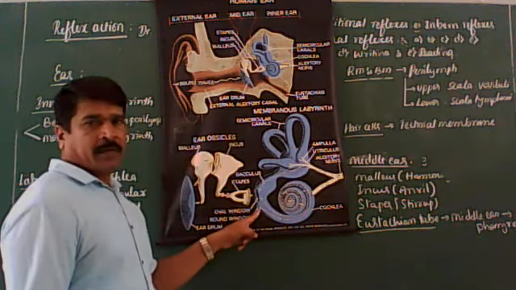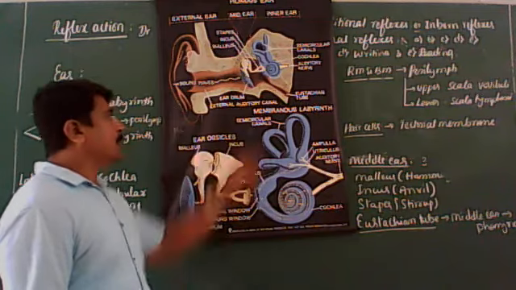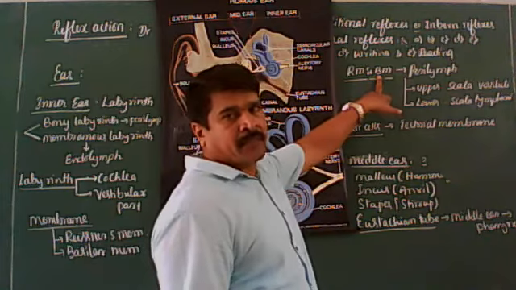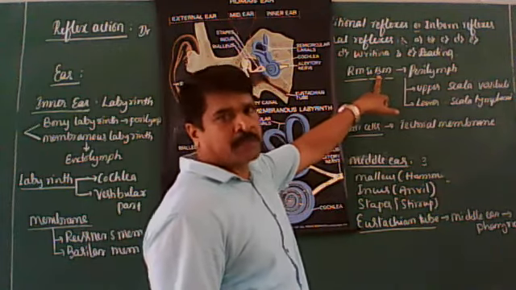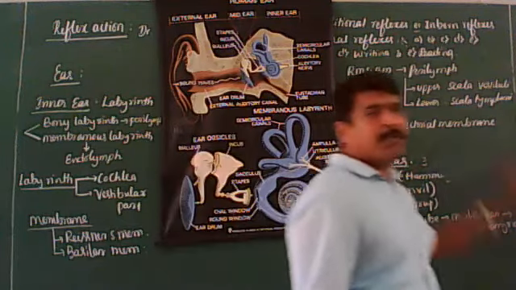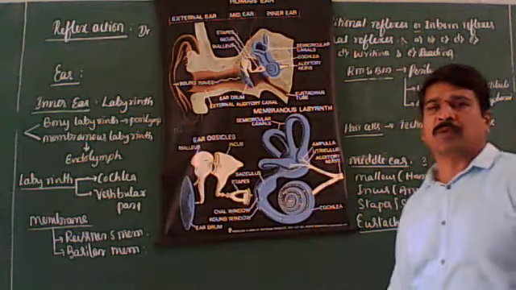Clear? I think you are getting it. The organ of Corti is the structure present on the basilar membrane, which has the hair cells that act as auditory receptors. These hair cells are surrounded by the tectorial membrane. Clear? So this is the information about the cochlea.